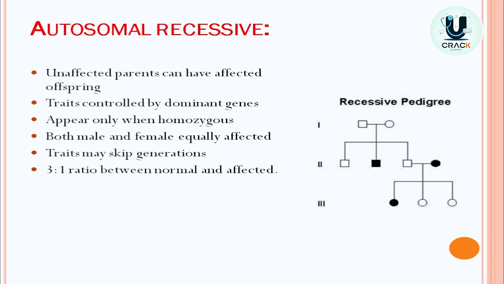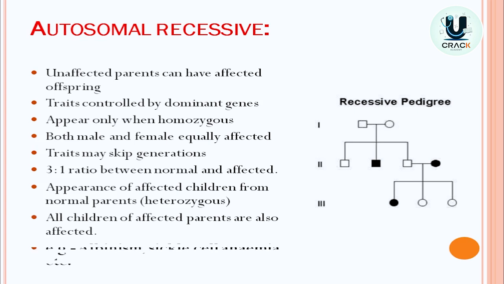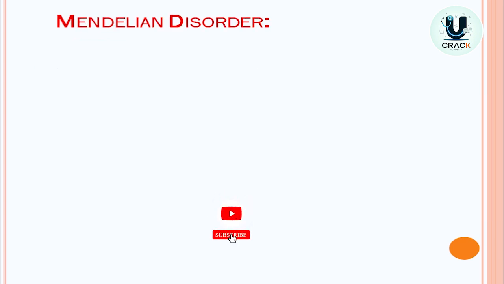There is a 3:1 ratio between normal and affected. Affected children appear from normal parents. All children of affected parents are also affected. An example is sickle cell anemia.